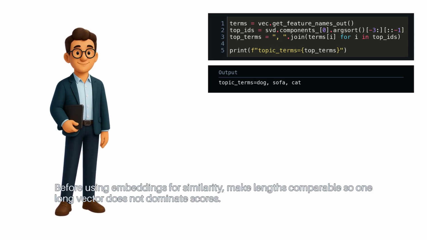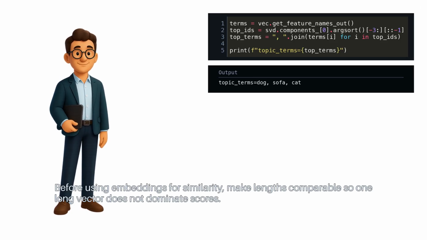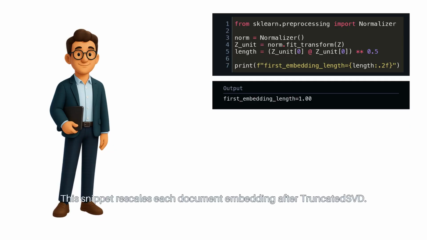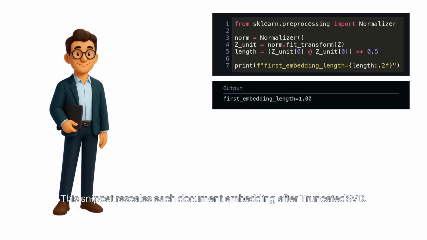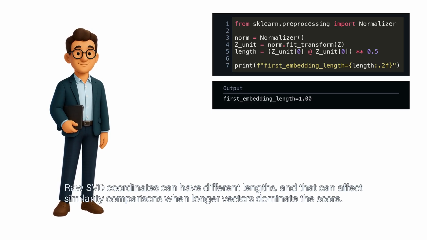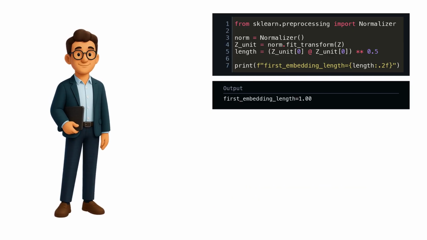Before using embeddings for similarity, make lengths comparable so one long vector does not dominate scores. This snippet rescales each document embedding after truncated SVD. Raw SVD coordinates can have different lengths, and that can affect similarity comparisons when longer vectors dominate the score.